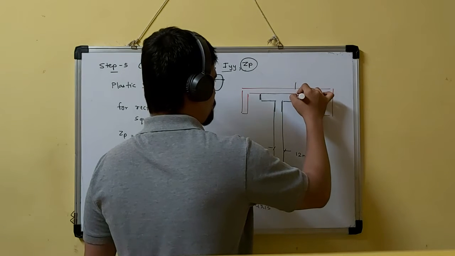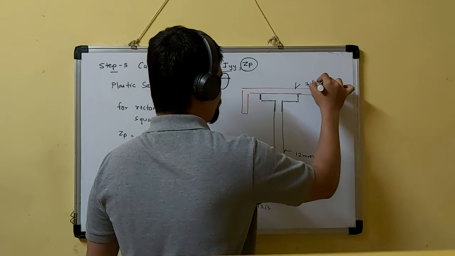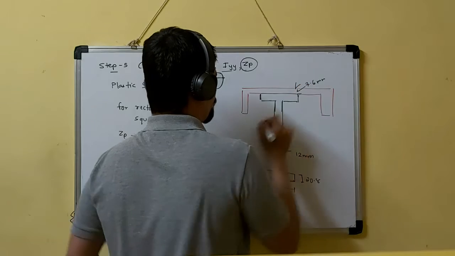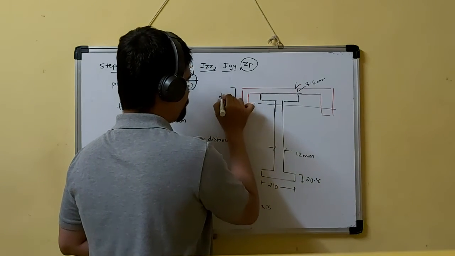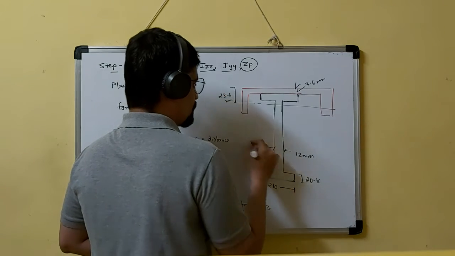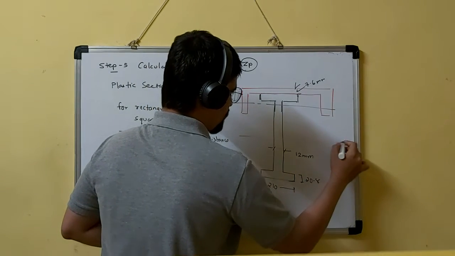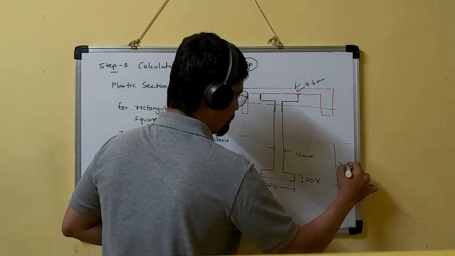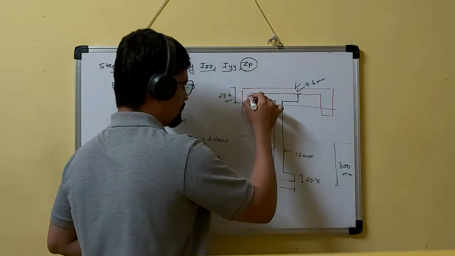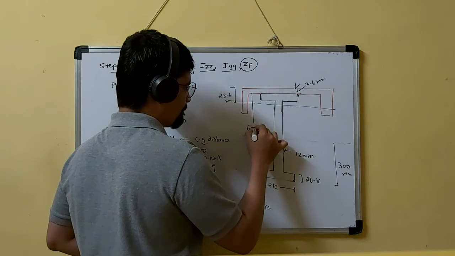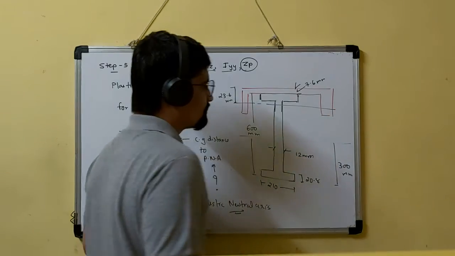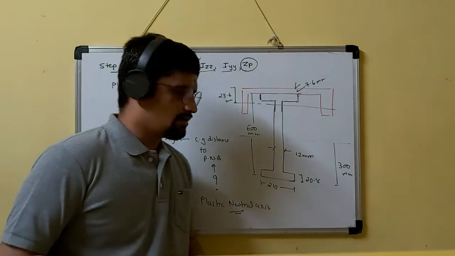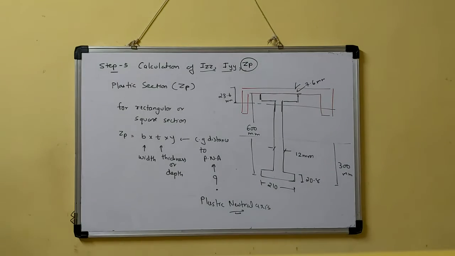This is 7.6. Your axis is here, 23.6. This is the half portion, which is 300 mm, because our total height is 600 mm, and the total is 607.6.